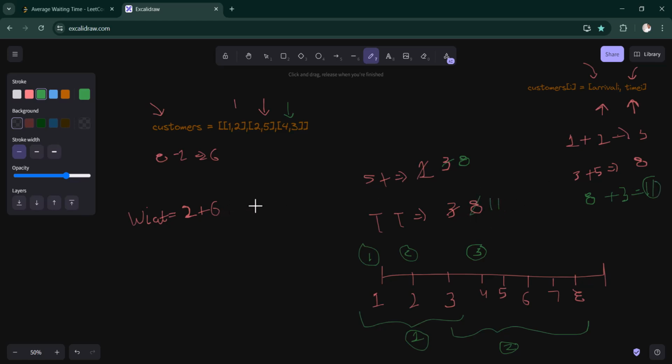Now what is the waiting time? At 11 units of time the order for the third customer is prepared, but that customer had already arrived at the fourth unit of time, so that will be 11 minus 4, which is 7.